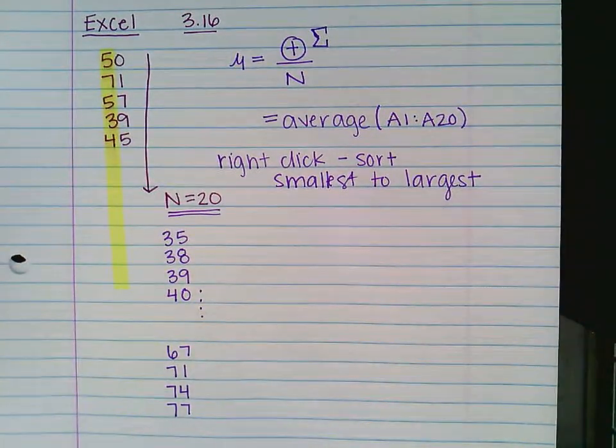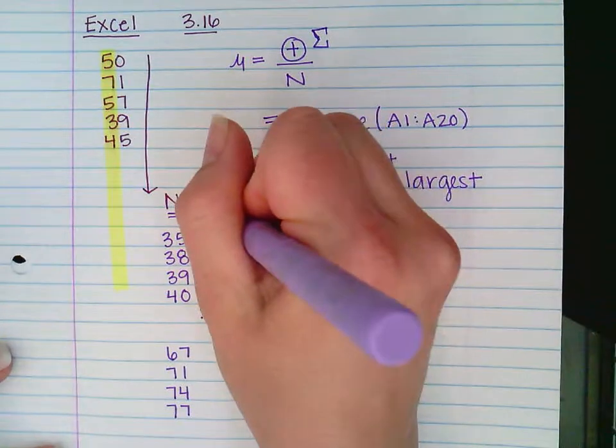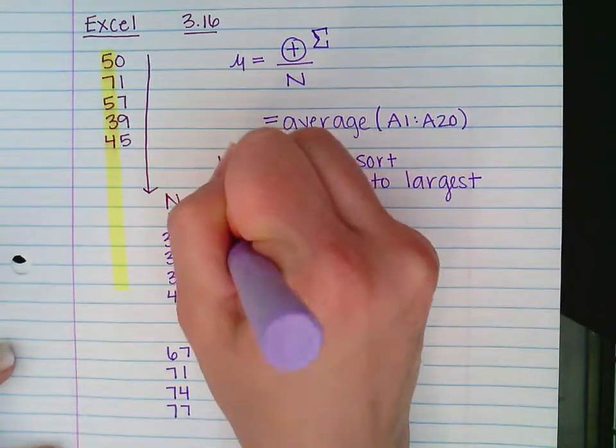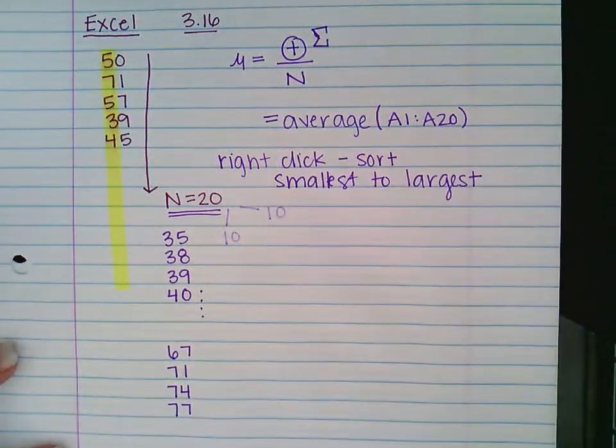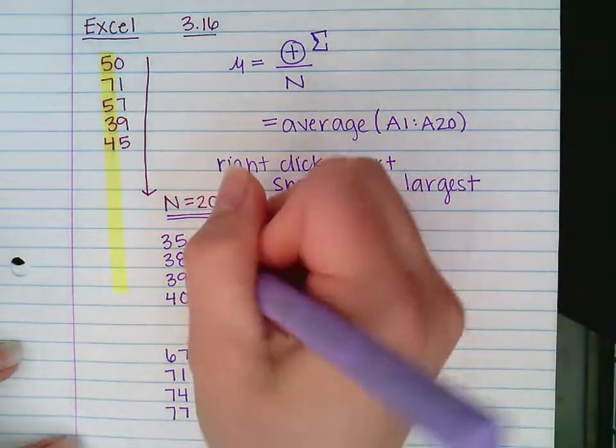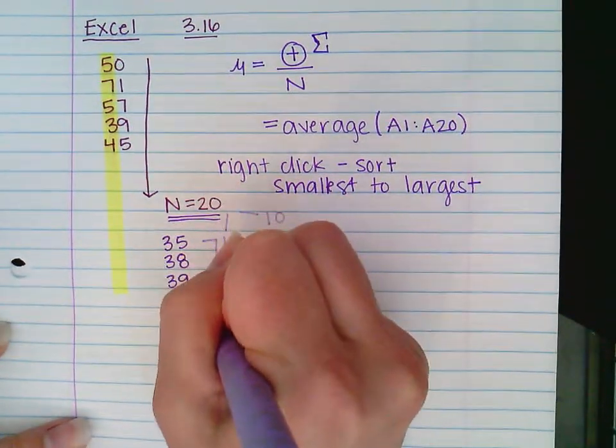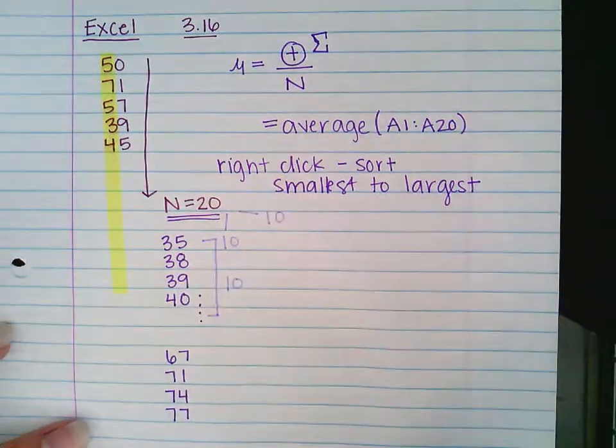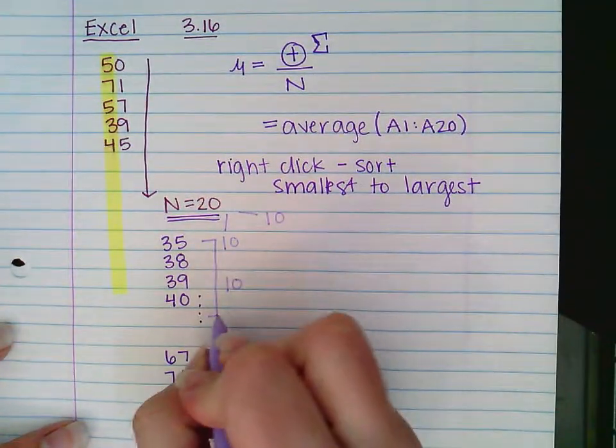Now, where that's going to be really, really helpful is when you need to find the median, right? So if I have 20 data points, the median splits the data in half, 10 and 10. So then I can look on my list where the first 10 digits are, it cuts off at 57.